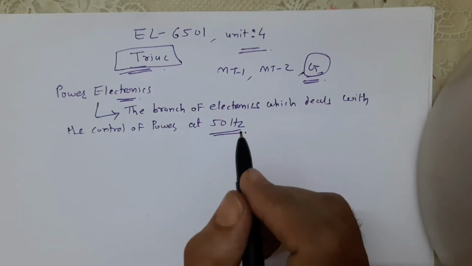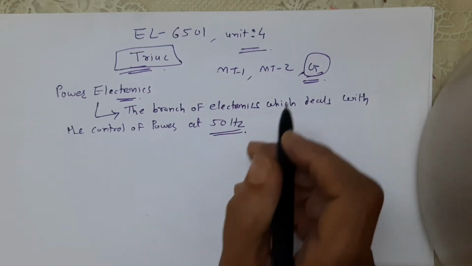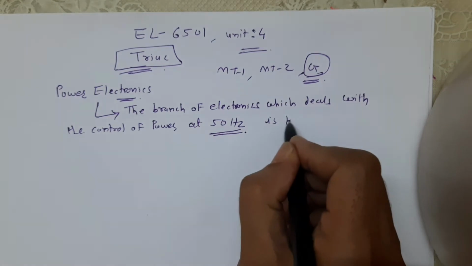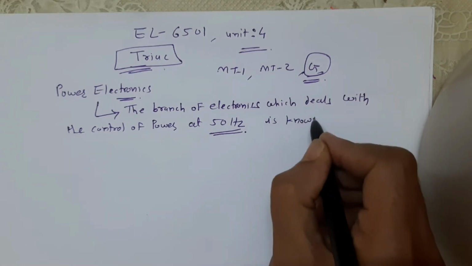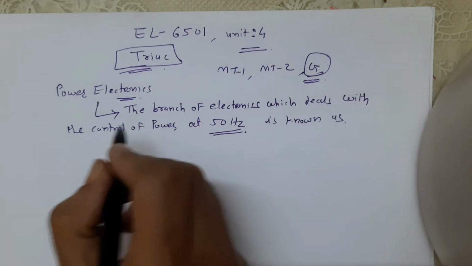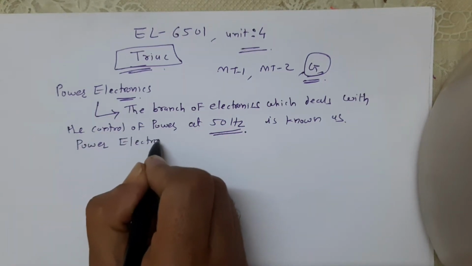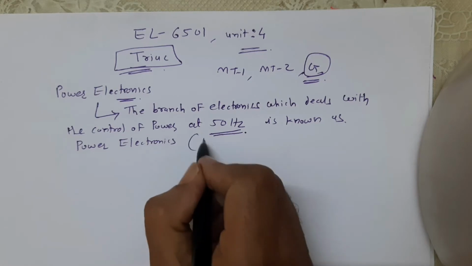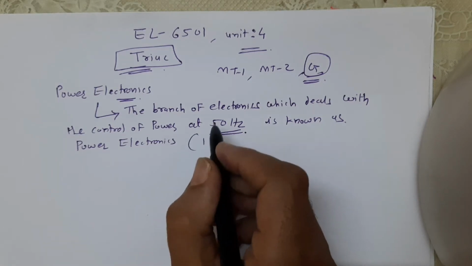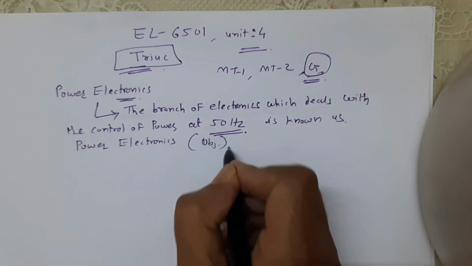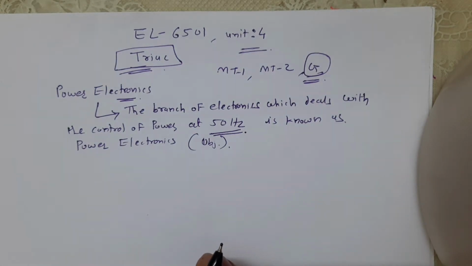This is nothing but the supply frequency. This is your objective type question. Define power electronics. I repeat, the branch of electronics which deals with the control of power at 50 hertz is known as power electronics.